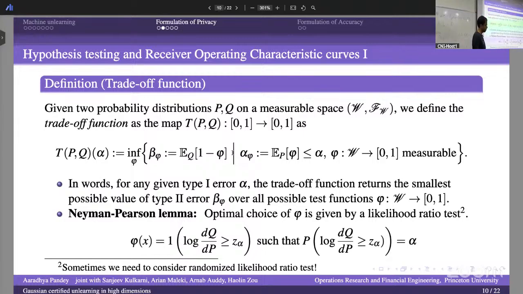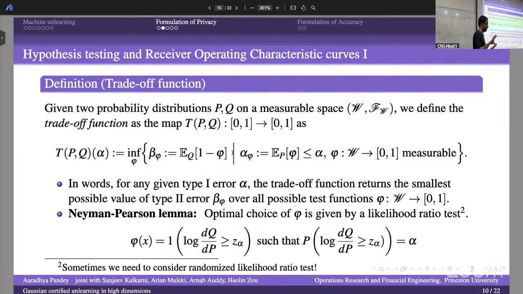The other kind of error is when the reality is 1 but my procedure is outputting 0, which is precisely 1 minus this indicator. That's how you should think of it. But to be more formal, you have to allow phi to take any continuous values between 0 and 1, not just 0 or 1.